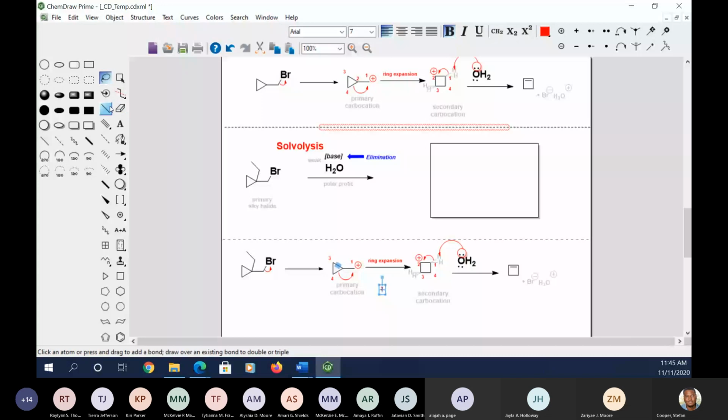An alkyl group, right? Is everybody kind of comfortable with that? I'm going to put a methyl group here as well on carbon 4. Is that yes or no? Yes.